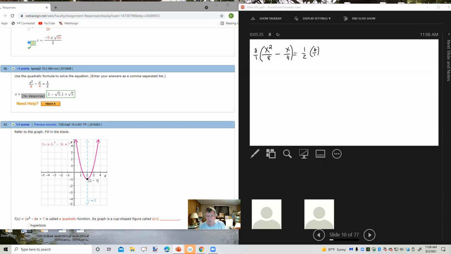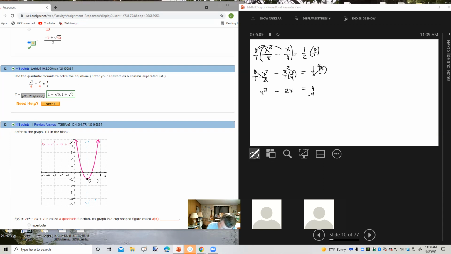I'm putting the 8 over 1 just to emphasize that that 8 is in the numerator. So here I've got 8 times x squared over 8, which reduces down to x squared, minus 8 times x over 4. The 8 over 4 reduces to 2 over 1, so minus 2x equals, and 1/2 times 8 over 1 reduces down to 4. So that's clearing the fractions.